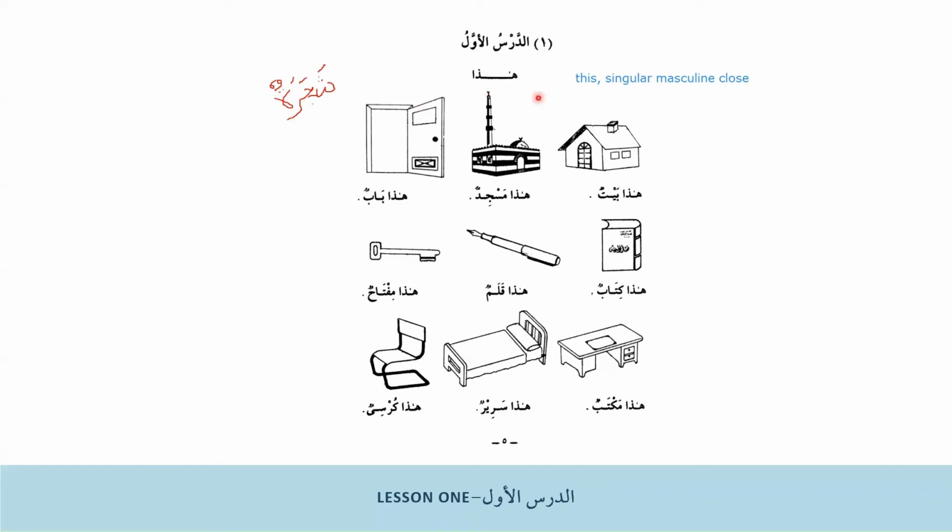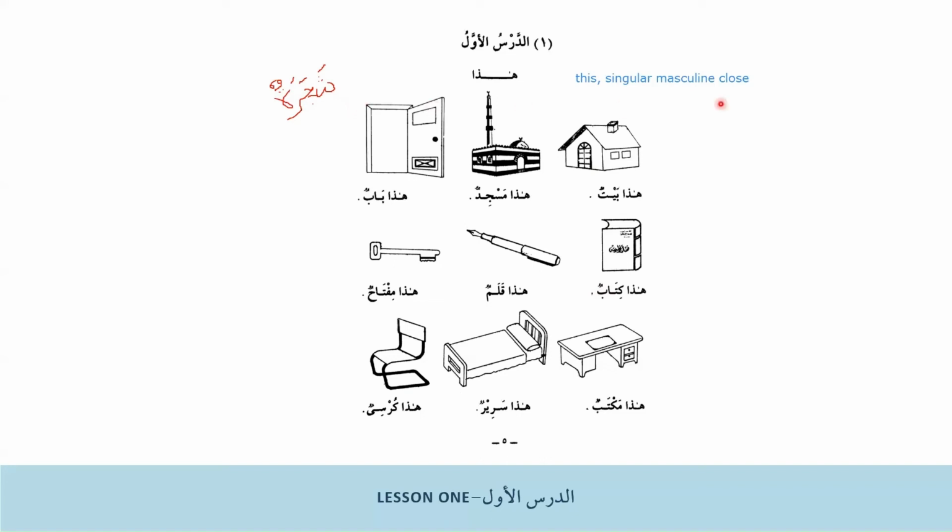So provided that the word is singular and it doesn't have a round ta, when we want to point at it in close proximity, we will use the word hada. So it's used for masculine words. Every word we pointed at here does not have a round ta, because had it been feminine, we would have used the word hadihi, which we will learn about later on.